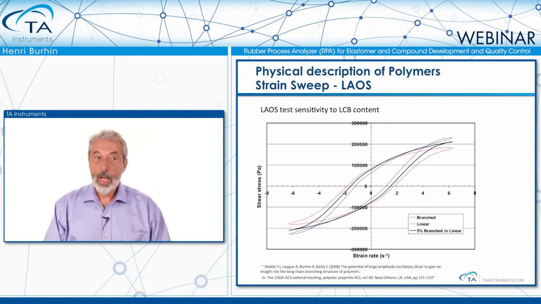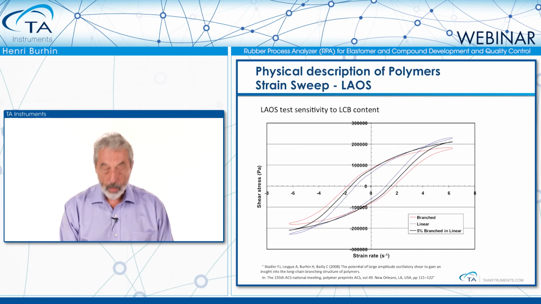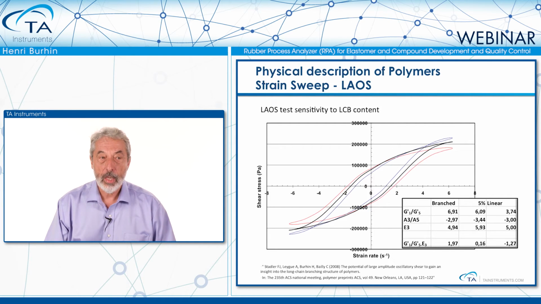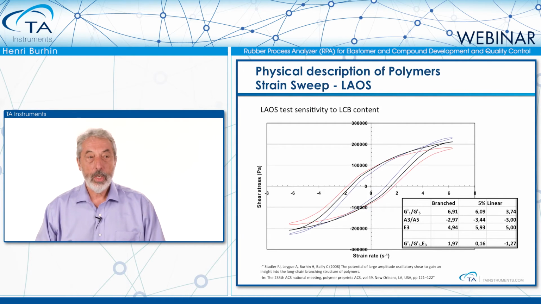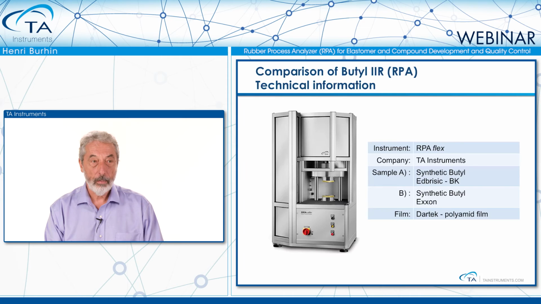And we have made a mixture of 5% of the branched polymer into 95% of the linear one. And we see that immediately the secondary loop disappears. And when we calculate the LCB index, which is the ratio of G prime 1 over G prime 5 minus E3, when it is negative, that means we are on the left-hand side, we can see that it becomes positive. That means we can significantly detect a different level of branching, and it's only 5%.